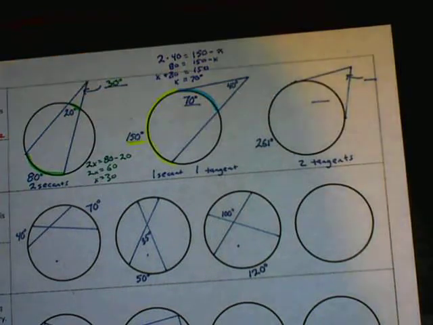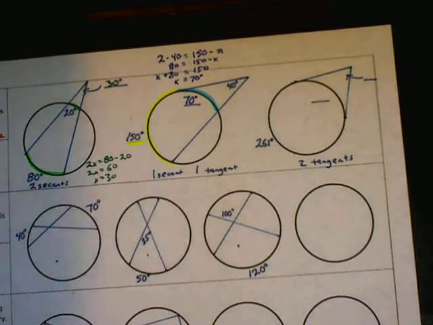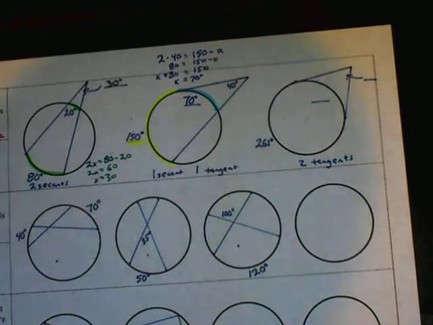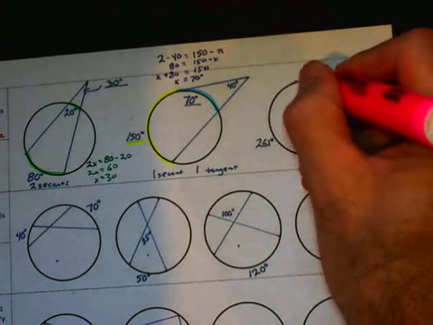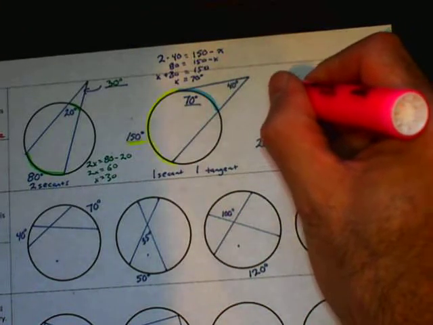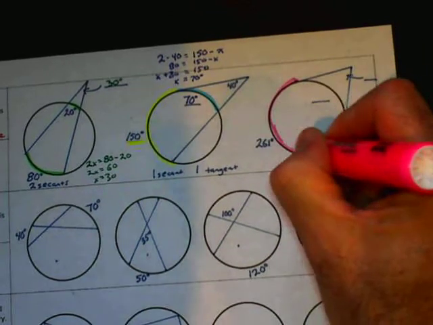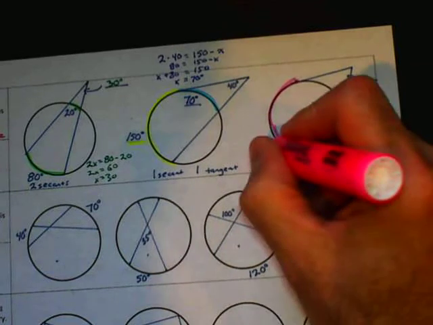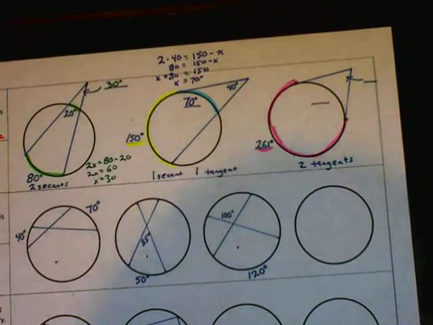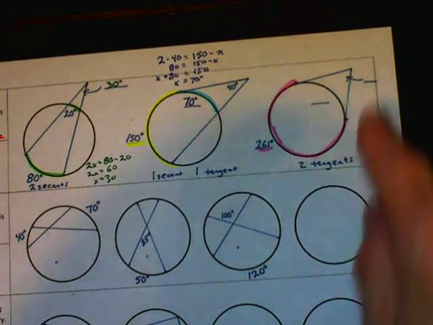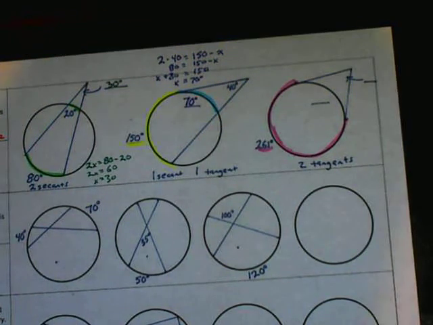We have one arc being from here to here. That's the 261. And we're not given either of the other two. How's that going to work?